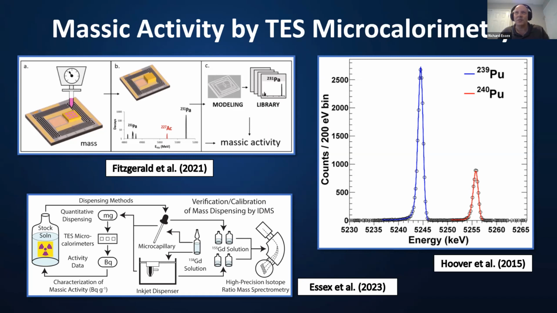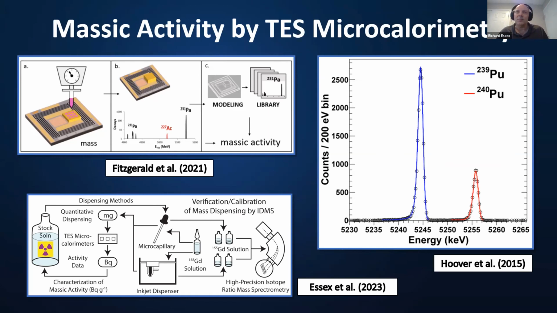You've got some stock solution. You want to make something like this microcalorimetry measurement, and we have some methods for dispensing these solutions quantitatively using a glass microcapillary or even an inkjet dispenser. We can do this. Unfortunately, both of these require either compensating for evaporation during your measurement or a sort of bracketing calibration for your inkjet dispenser.